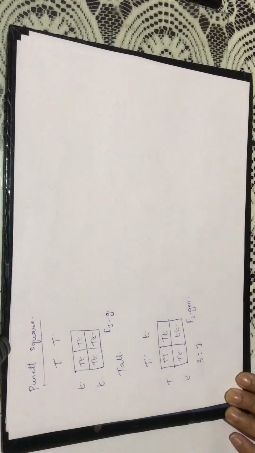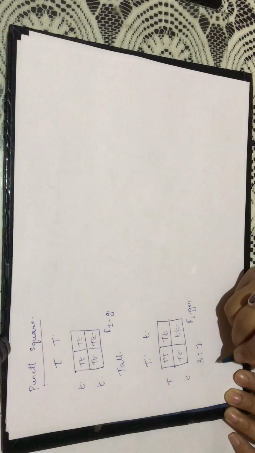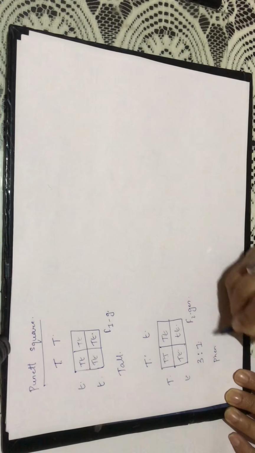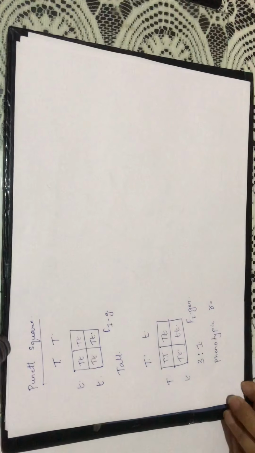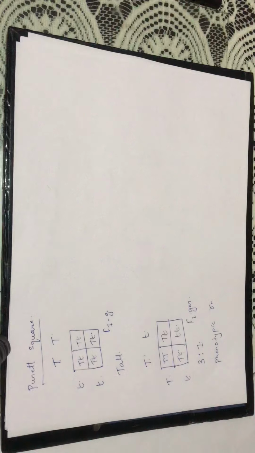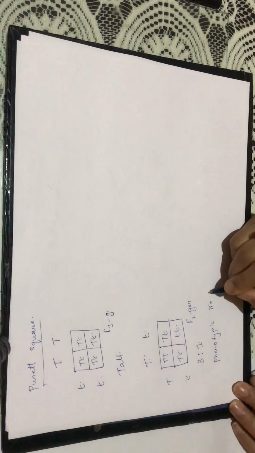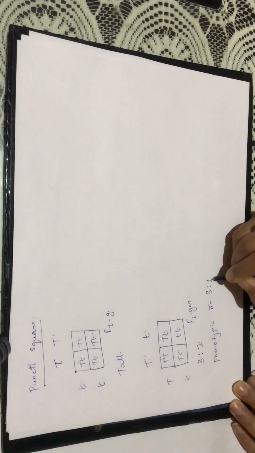So in the F2 generation, phenotypic ratio means what we see when we look at the plant externally. Externally, we will see that 3 plants are tall in height and 1 is dwarf. So the phenotypic ratio will be 3:1.